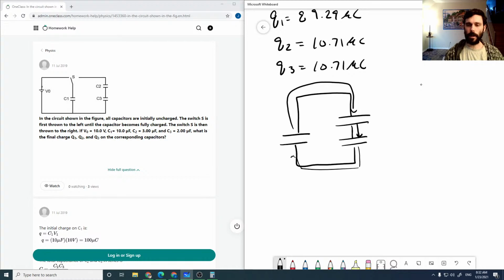So that means that we transfer 10.71 microcoulombs here, pushing 10.71 microcoulombs off of this guy to here. So although there's only a net difference of 10.71, the other 10.71 comes from the adjacent plate.